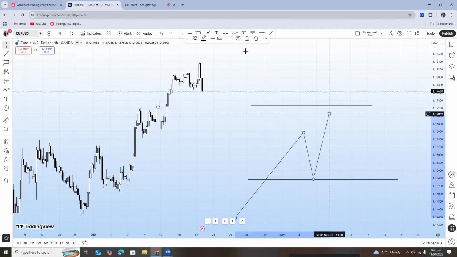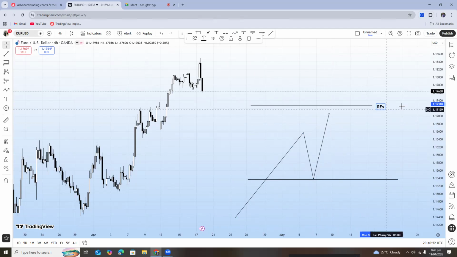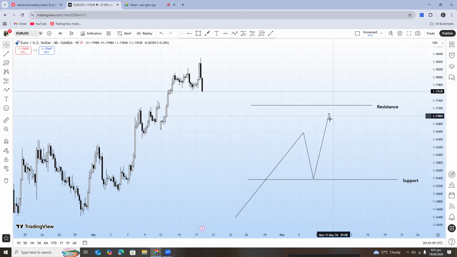So pardon me, I want to write them. This is a resistance. And this right here is known as a support. Okay. So when the market is above the level, that level is known as a support. When it is below a level, that level is known as what?